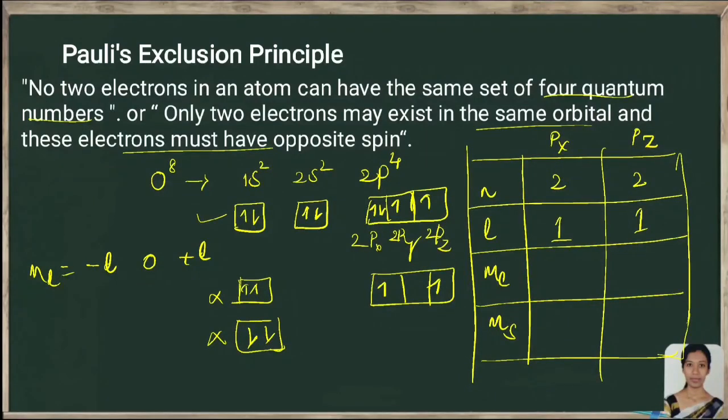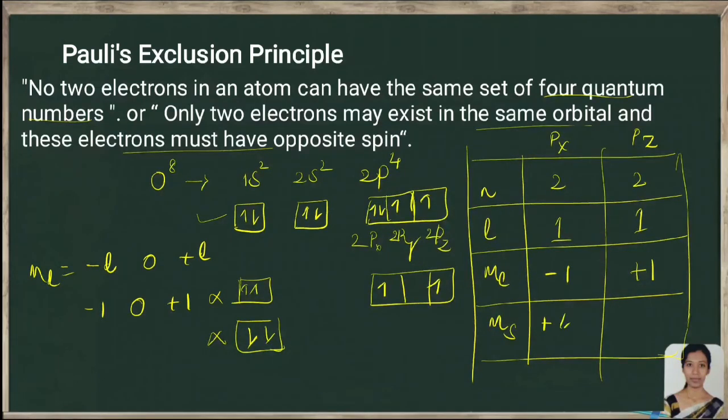What is the value of l? 1. That's why minus 1, 0 and plus 1 are the magnetic quantum numbers. The px orbital takes minus 1, and the pz orbital has magnetic quantum number plus 1. If you consider spin, both are in the same spin, that's why plus 1/2.